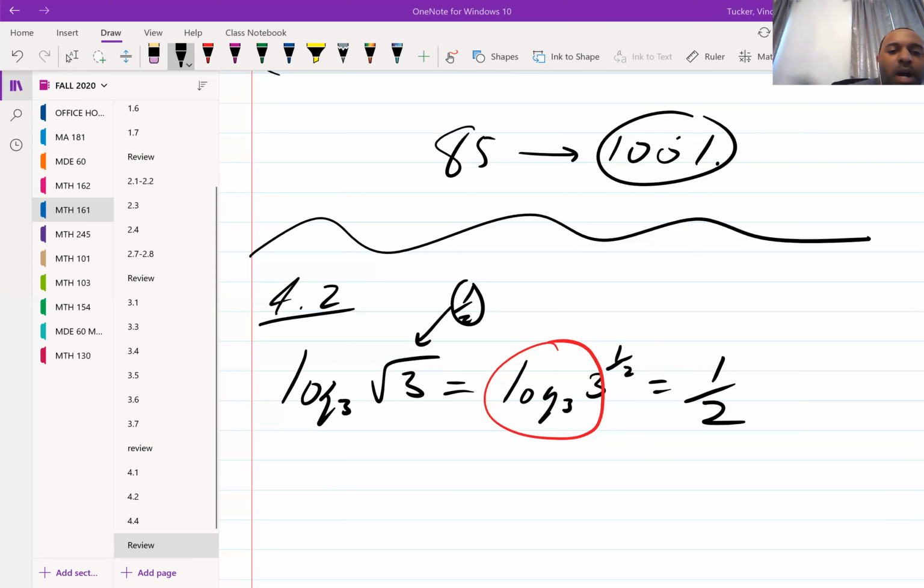And then we'll talk about how we're going to move going forward. Yes, that is the last section for chapter 4. So we'll do 4.4, and then we'll talk about how we're going to operate moving forward.